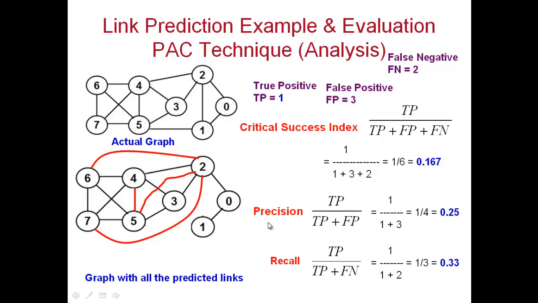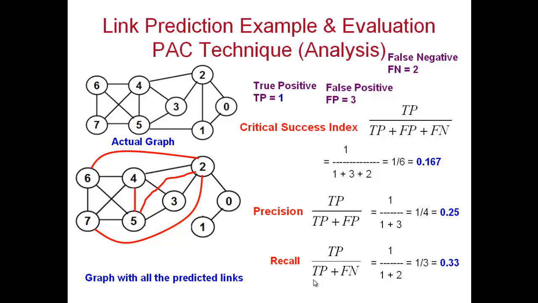Precision is what proportion of the predicted links really exist. So it is true positives divided by true positives plus false positives. So 1 over 1 plus 3, so it's 0.25. Recall is what fraction of the links that actually exist are predicted rightly. Those are the links that actually exist and are expected to be predicted.